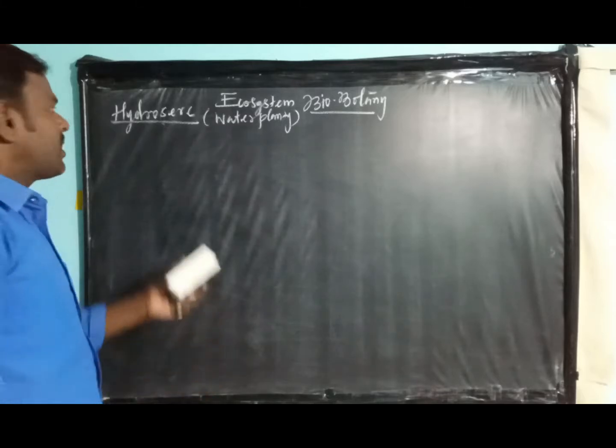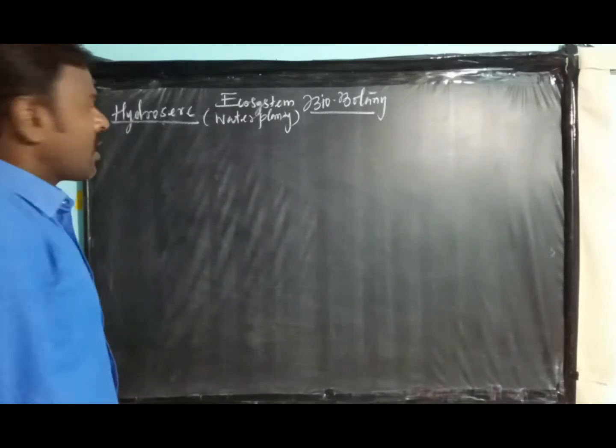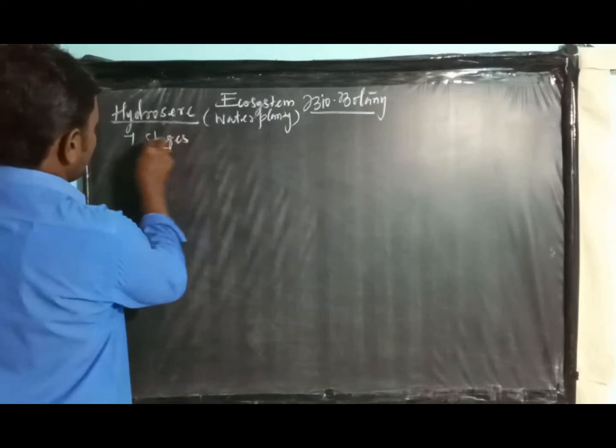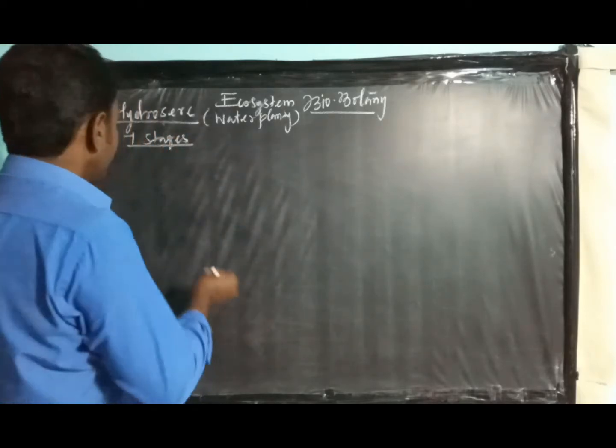So now we discuss the stages of hydrosere. How many stages take place? There are 7 stages.